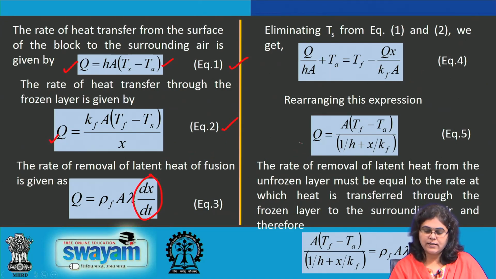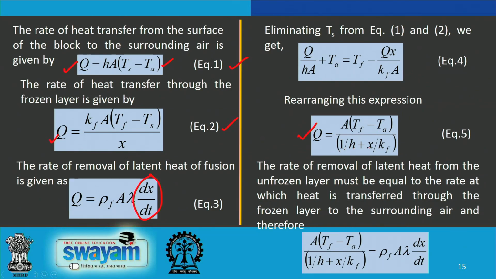And if we rearrange this, we can find this expression Q in terms of cross sectional area of the food block, A into (Tf minus Ta) upon (1 upon h plus x by Kf), where h is the convective heat transfer coefficient and Kf is the thermal conductivity.